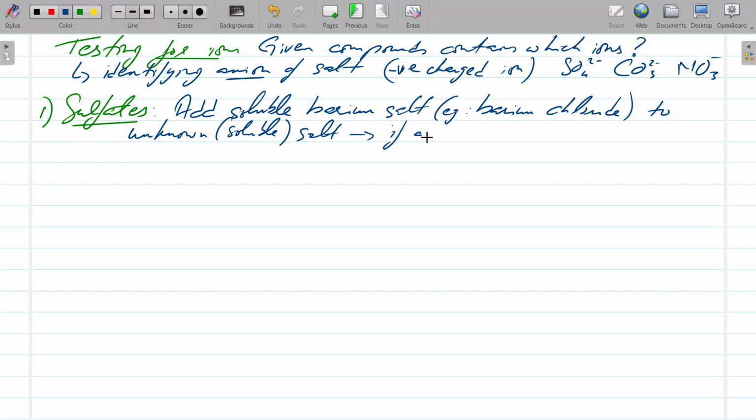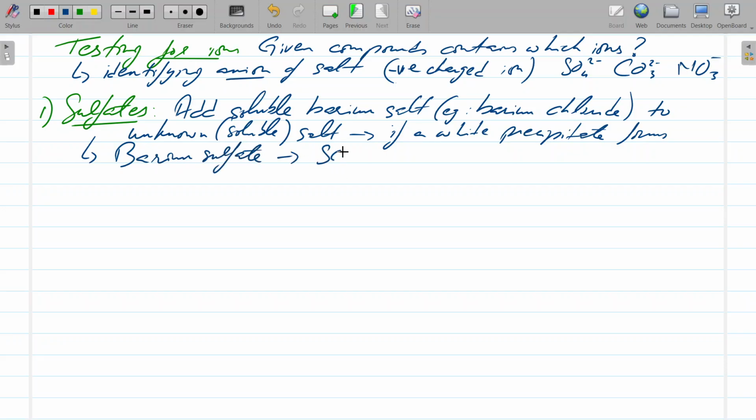If a white precipitate forms, that will be barium sulfate, which means the SO4 2- sulfate ions were present. So it was a sulfate salt.